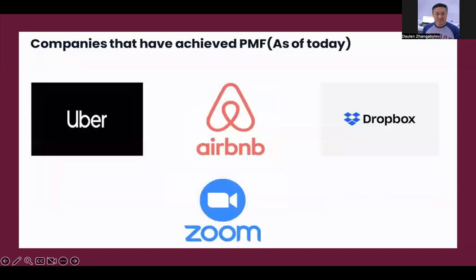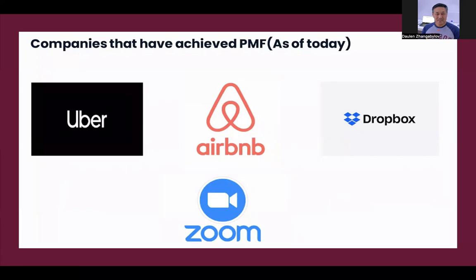Now let's see some success stories. As you know, the market is always dynamic and the situation is always changing. As of today, May 2023, we see Uber, Airbnb, Dropbox, Zoom. These eventually succeeded. They have a very successful product market fit.